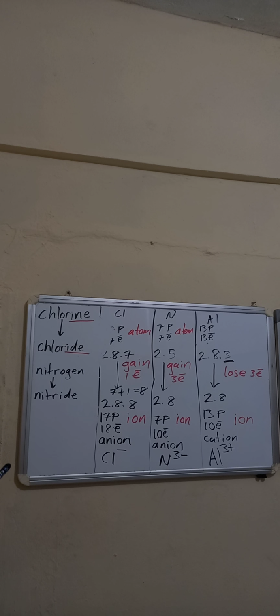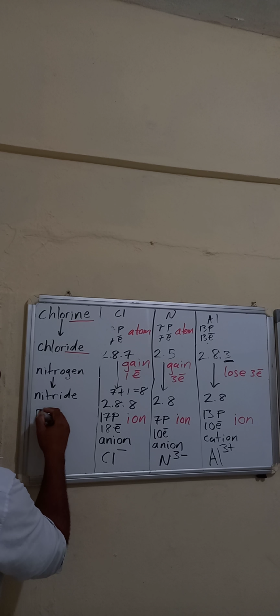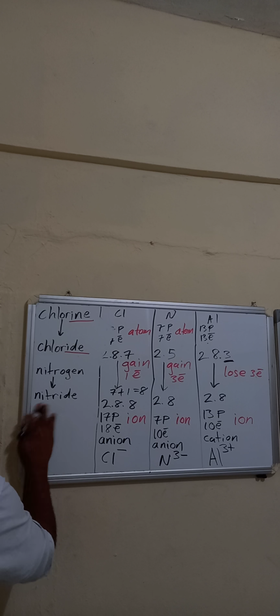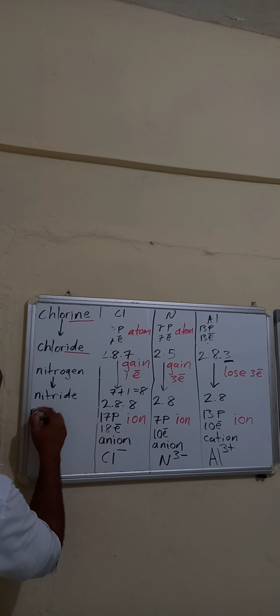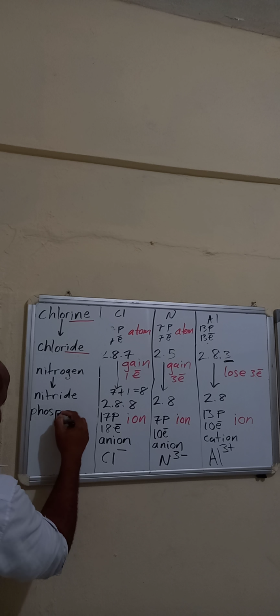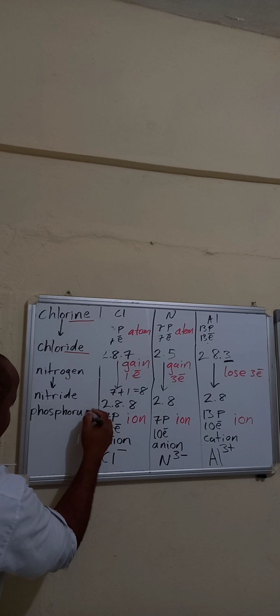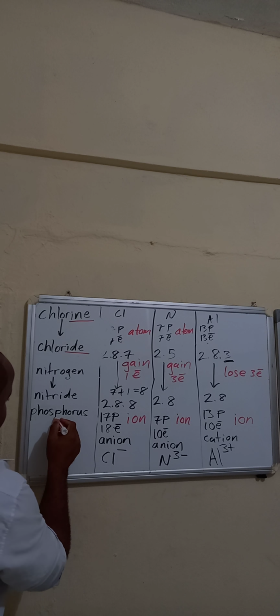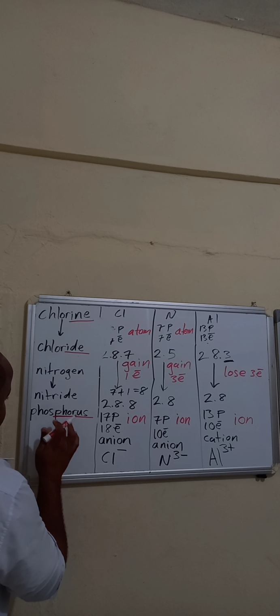If it was phosphorus, you just pronounce the first part of the name and then add ide. So phosphorus, it will not be phosphoride. I'm going to take off the ending. Phos.